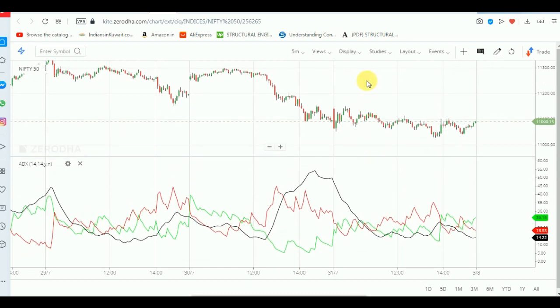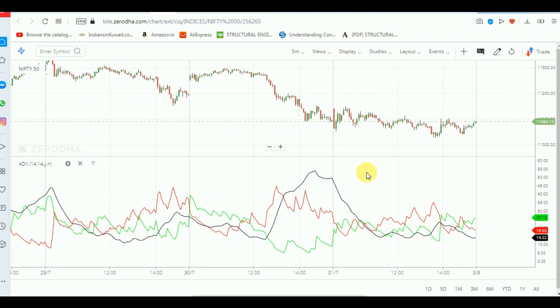It opens separately below the price chart, and here you can see the lines. Basically we have three colored lines: one is black, the other is red, and the third one is green, right? If a beginner opens and sees this indicator, it may be quite hard to interpret with the price chart.